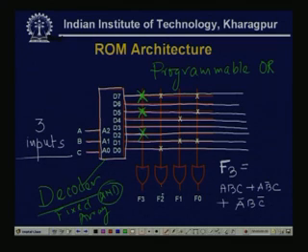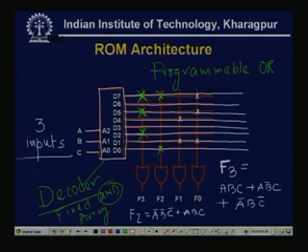Similarly, F2, we are seeing that these two are the crosses. So, what is my F2? Then my F2 is D0, which means A bar, B bar, C bar all 0, plus ABC.